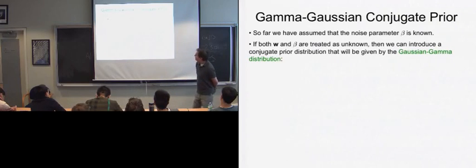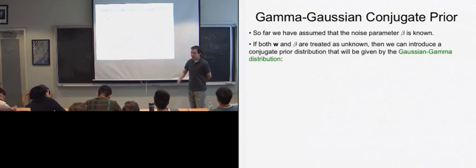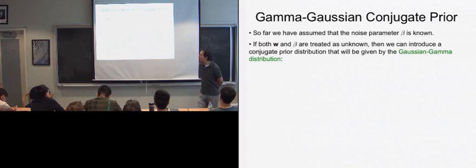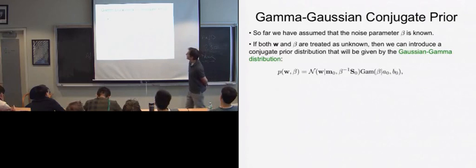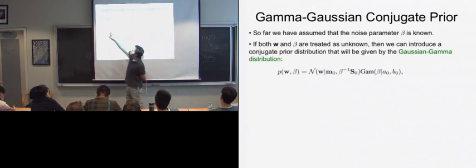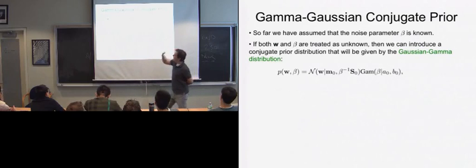However, if we treat the parameters and the noise as unknown, then we can introduce another conjugate prior. It's a very useful prior to know about. It's called the Gaussian-gamma distribution, and the idea is that we can specify the joint prior over the parameters and the noise term, which is given by a Gaussian times a gamma.